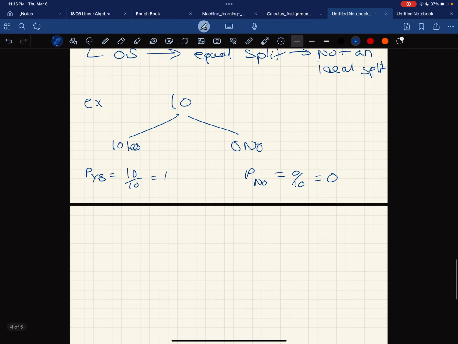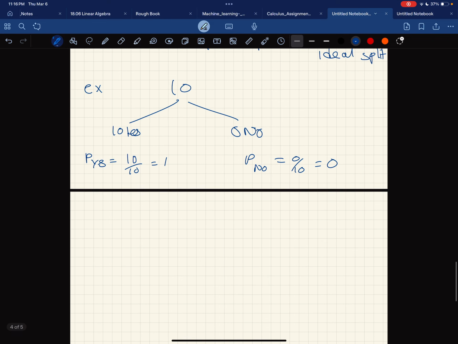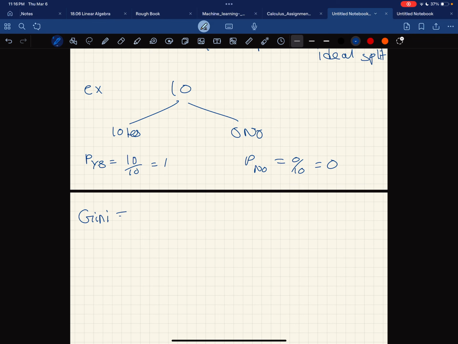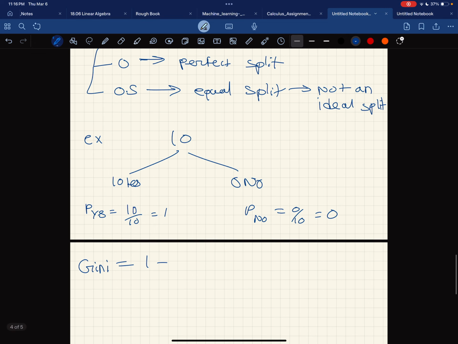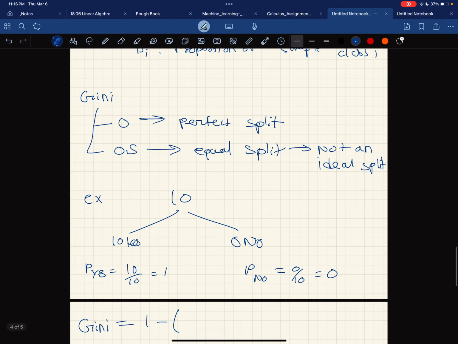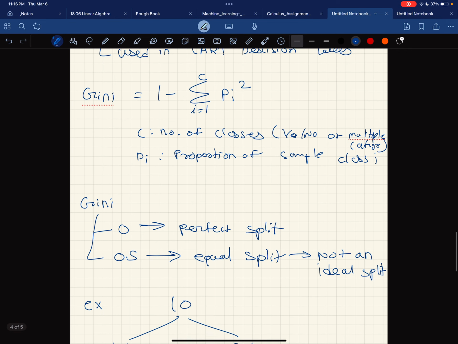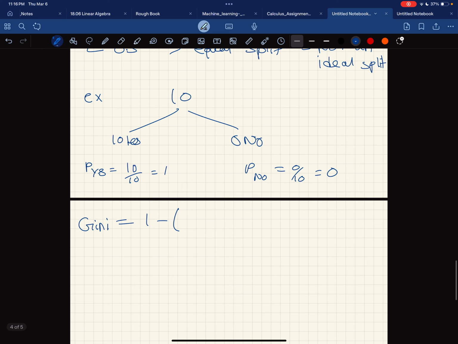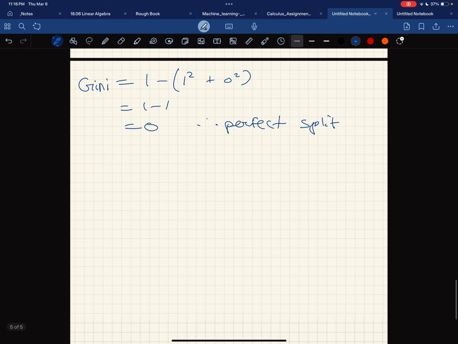There is no sample, so of course it would be 0. Now, according to the formula of Gini impurity, Gini would be equal to 1 minus summation of all the classes' proportion squared. So 1 square plus 0 square, it is equal to 1 minus 1, so 0. Therefore a perfect split. Hope this example explains what the perfect split is.